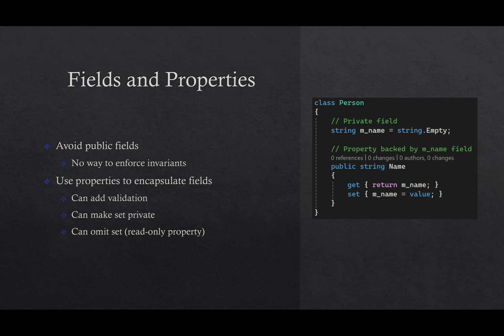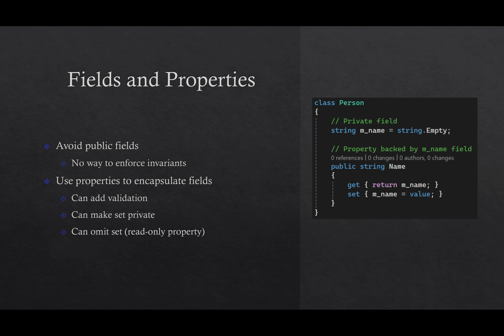Okay, so having looked at an example, let's now consider some general guidelines for how you encapsulate your implementation in C# classes. One of them concerns fields and properties. It is generally recommended, if you're writing a class where you're trying to encapsulate the internal details, that you avoid creating public fields. First of all, it's good to understand what a field is. A field is really just a variable that is part of your class.